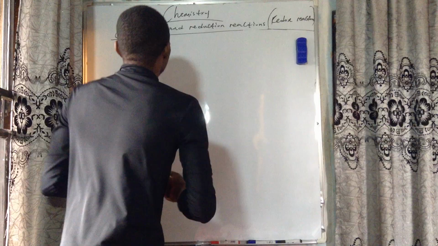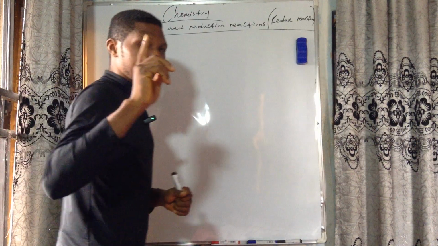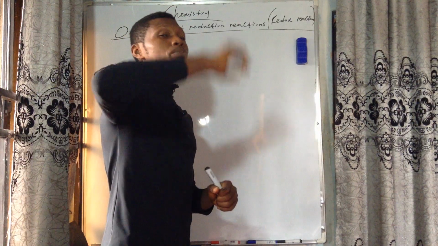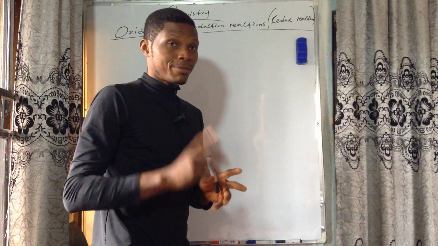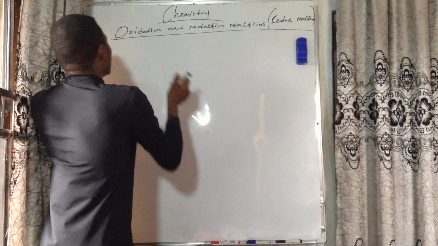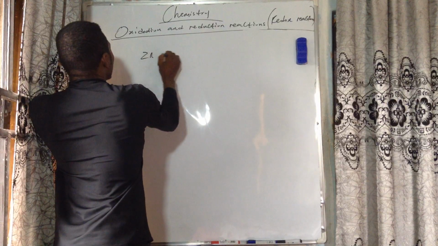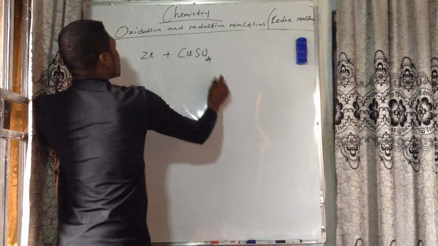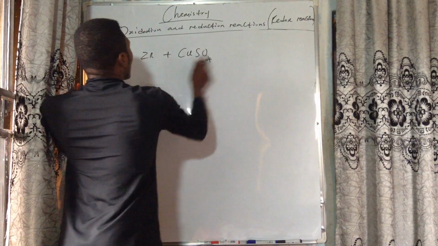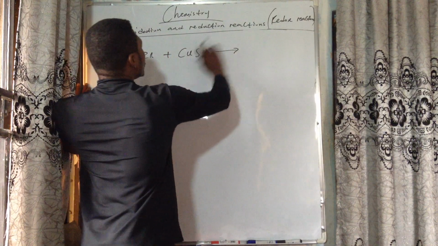Now, if zinc is more reactive than copper, it means zinc will displace copper in any compound that copper forms. Let's say zinc is added to a solution of copper(II) sulfate. You know what will happen here? Zinc will just displace copper.